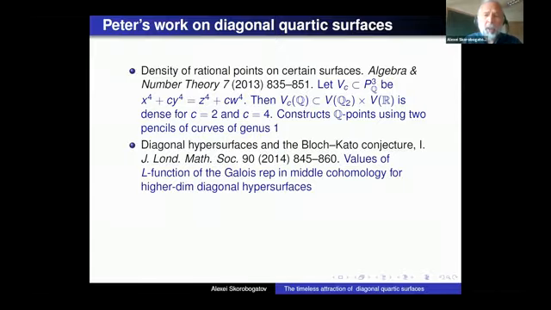Okay, there's one more paper where Peter wanted to get some numerical evidence for the Bloch-Kato conjecture by calculating interesting values of the L-function associated to the Galois representation in the middle cohomology group of high-dimensional diagonal hypersurfaces.